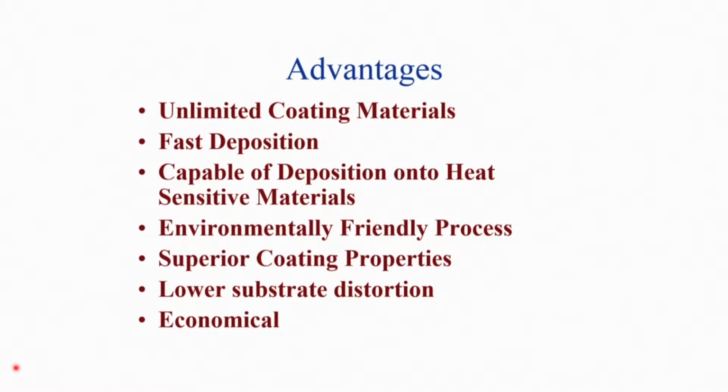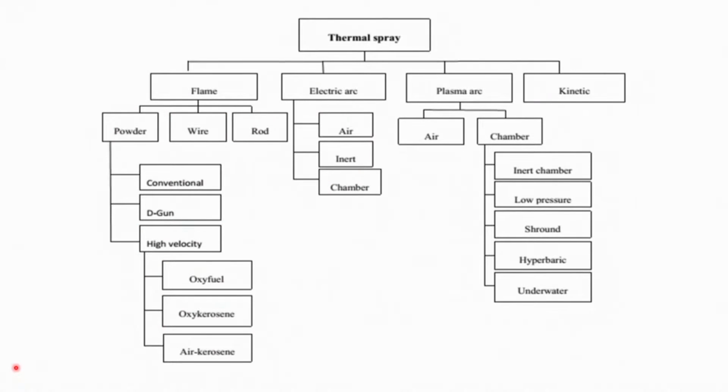It is also capable of deposition on heat sensitive materials. So, this is a very unique process, but you have to choose the process parameters as well as the process technique in terms of heat source carefully, so that you get the desired coating on the surface of the substrate. Accordingly, different varieties of thermal spray deposition techniques are available.